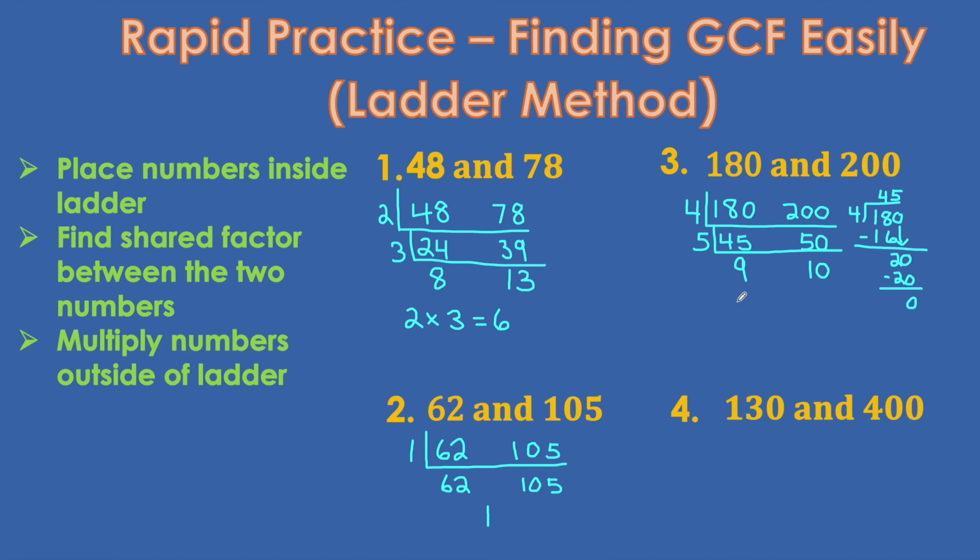Last, we just multiply the numbers on the left side of the ladder. 4 times 5, which equals 20.